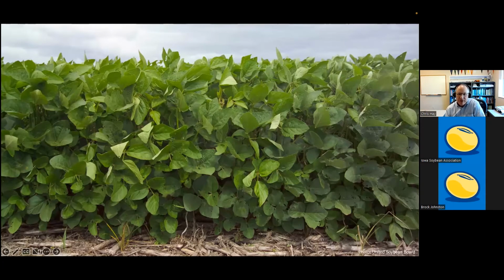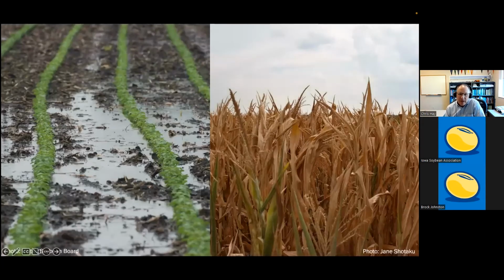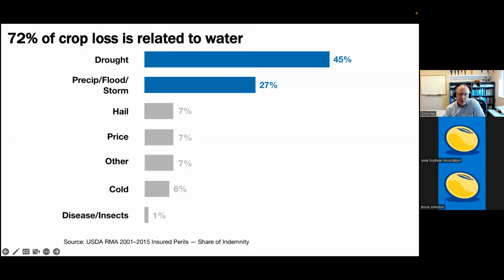But all too often, we get that water either not at the right time or in the wrong amounts. And so we end up with either too much or too little water. And so actually too much or too little water are the largest sources of crop damage and crop loss and yield loss.